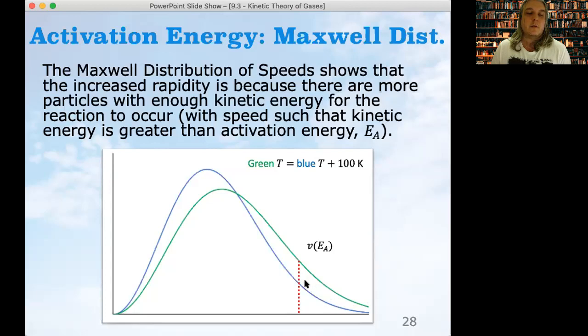So a lot more particles than the blue one does. The blue one's only got this area, and then the green one's got this whole area here. So we get far more particles with enough energy to cause the chemical reaction to occur. So it makes perfect sense that even just a small change in the overall temperature of the system can cause a big increase in the number of particles that get over that activation energy.